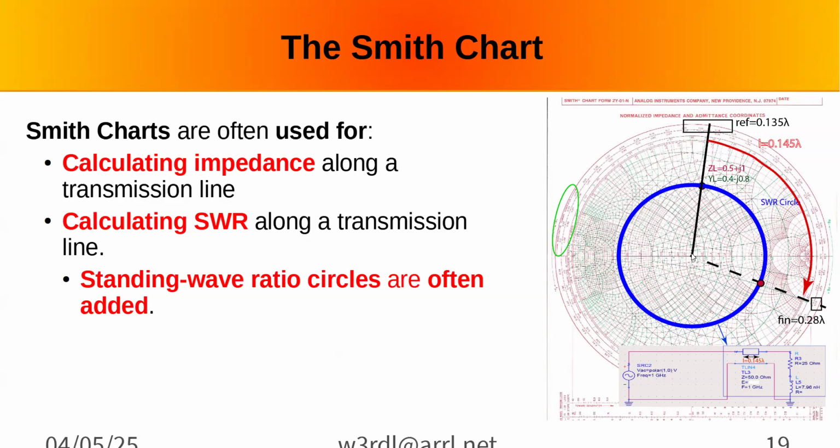If this is 1, and I come over here to, let's say, 2, and I draw a circle with 1 as the center, then any point on that circle would be an SWR of 2. So depending where things intersect the SWR circle, I can tell what the SWR is going to be.